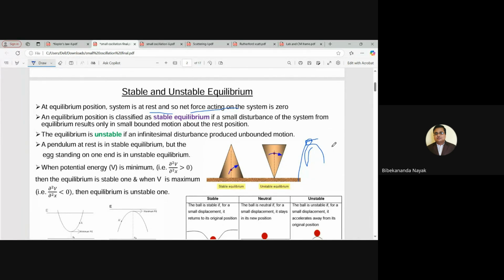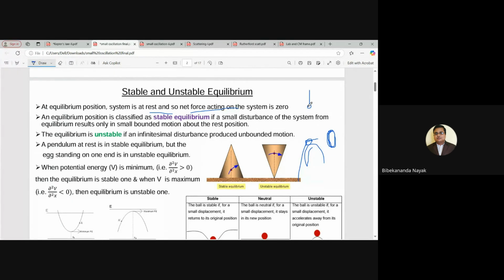Suppose we put an egg on a table and just place it like this. It is in equilibrium. If you slightly disturb it, it falls down and also breaks. We cannot get its original position. On the other hand, take a simple pendulum.